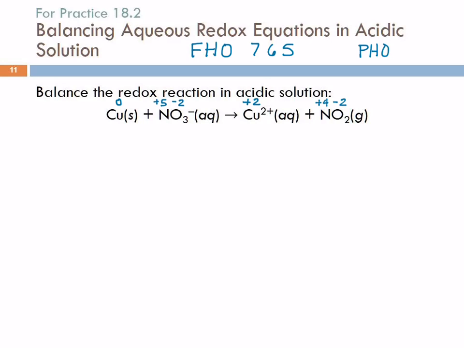So we'll split this into 2 half reactions. So we've got copper going to copper ion, and then we've got the NO3 minus going to NO2.